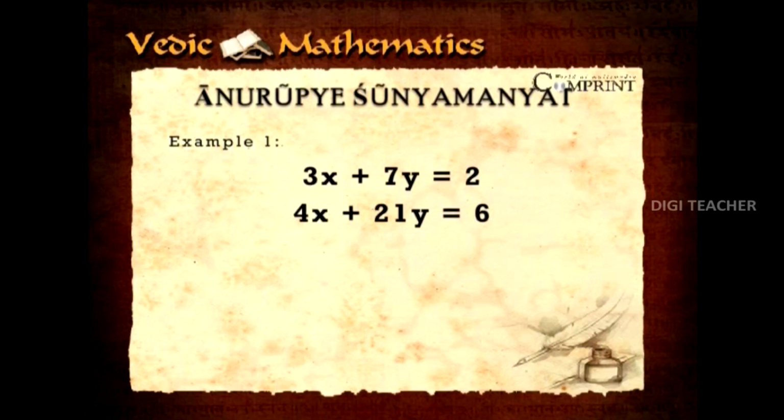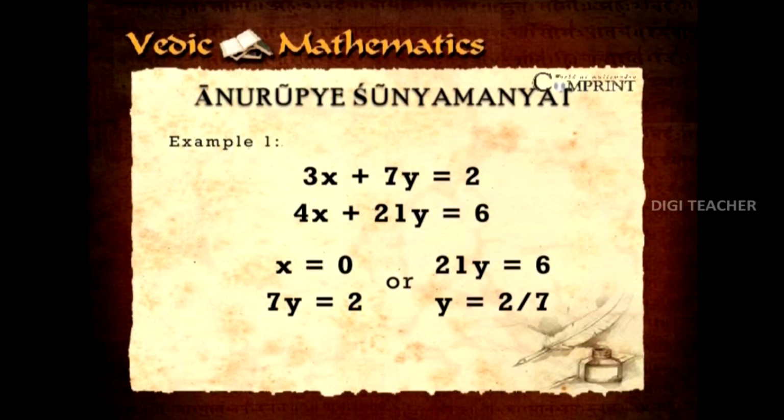Observe that the y coefficients are in the ratio 7:21, which is 1:3, same as the ratio of independent terms, that is 2:6, which is 1:3. Hence, the other variable x equals 0 and 7y equals 2, or 21y equals 6, which gives y equals 2/7.